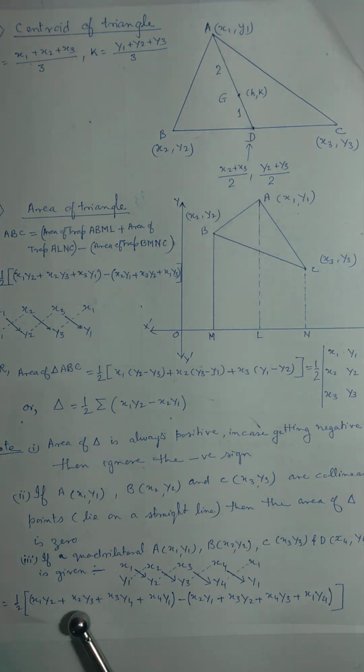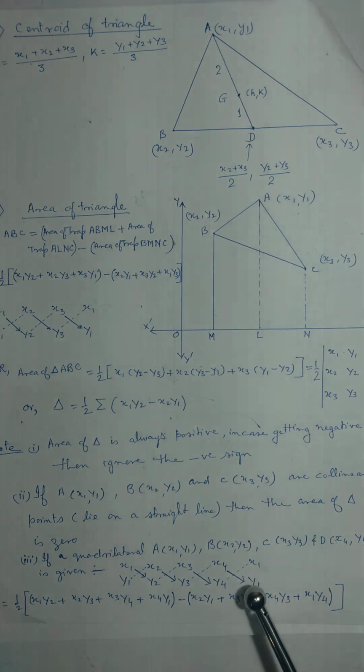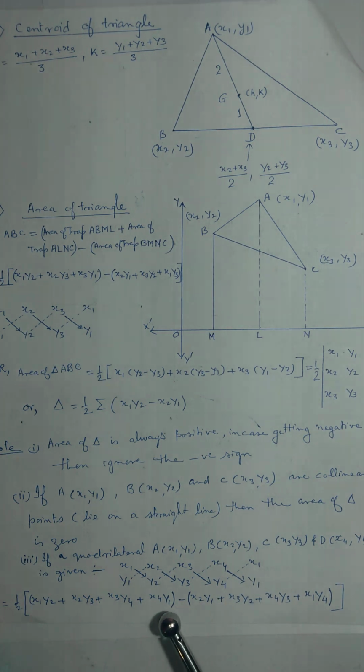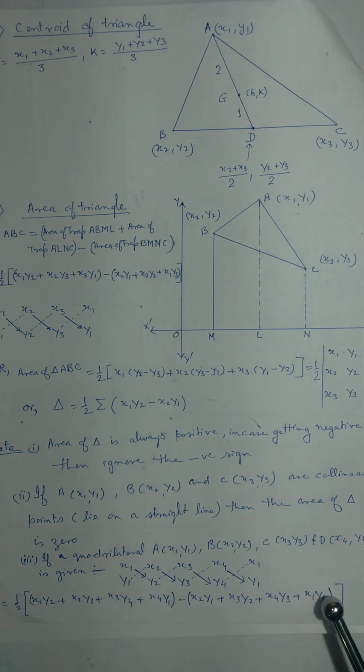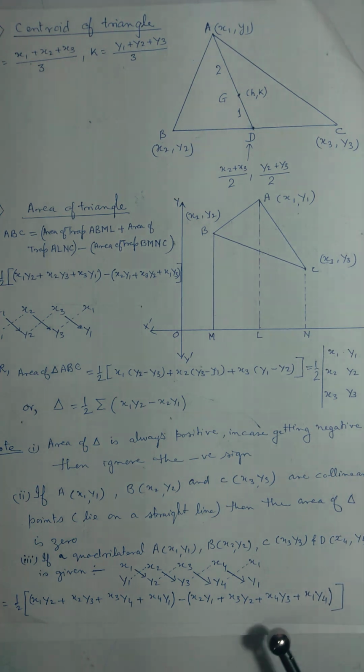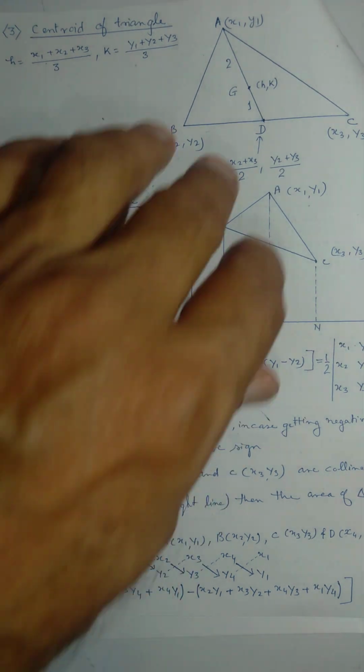So 1 by 2 of x1 into y2 plus x2 into y3 plus x4 into y1. In this way, you find the value of the first bracket, minus, in the second bracket, x2 y1 plus x3 y2 plus x4 y3 plus x1 y4, I have mentioned here. So you have to remember all these points while you are solving it.